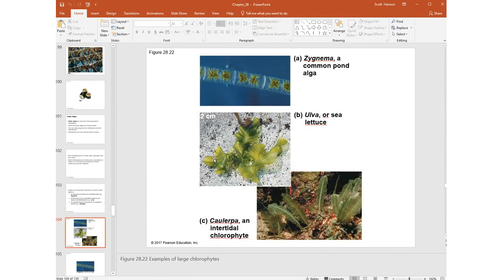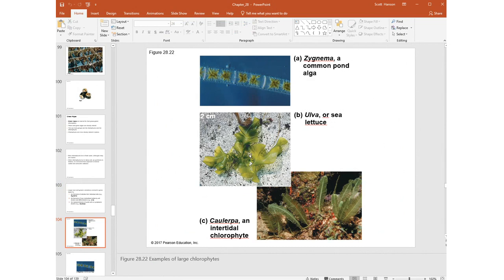And so, here's the zygnema, colonial algae. Here's the ulva, or sea lettuce, because it looks a lot like lettuce. So there are sea cucumbers, and there's sea lettuce. You can make a sea salad out of all these things.